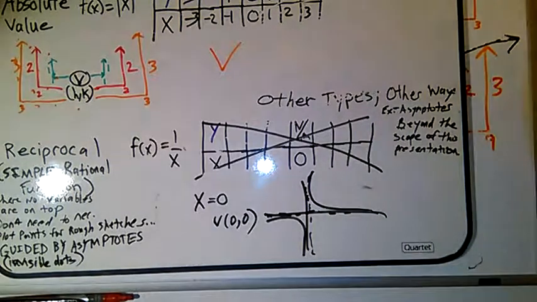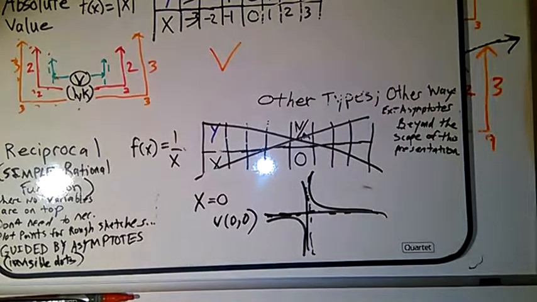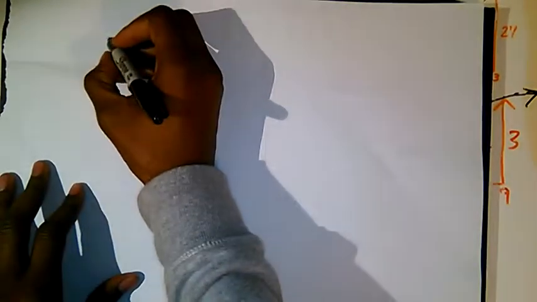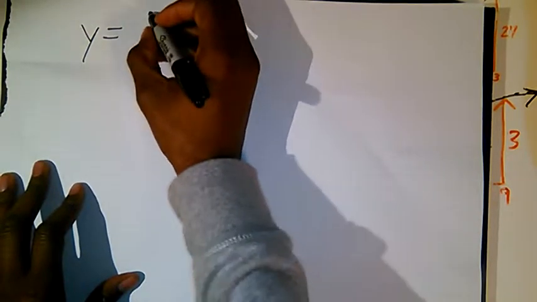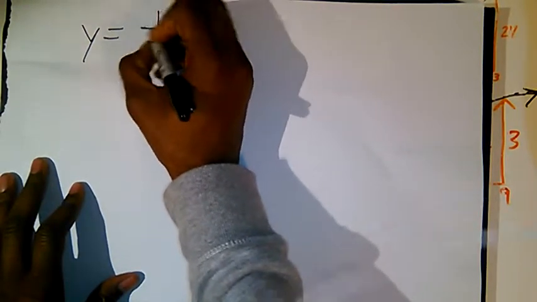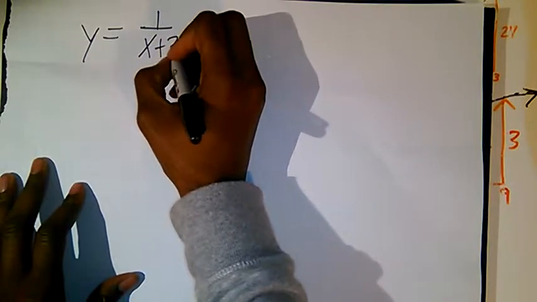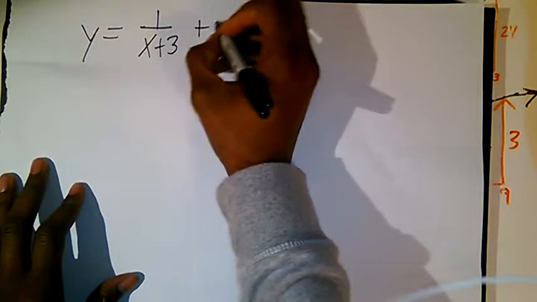So let's try to graph one. They're a little bit easier to plot than the other ones, but we don't really care exactly where they are. So let's say we have y equals this reciprocal function, 1 over x plus 3, plus 2.